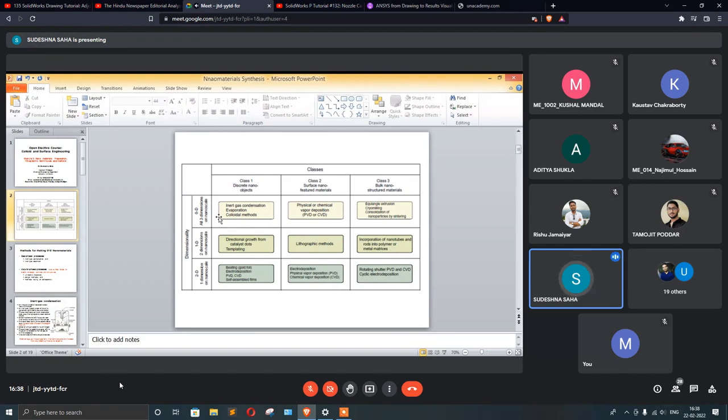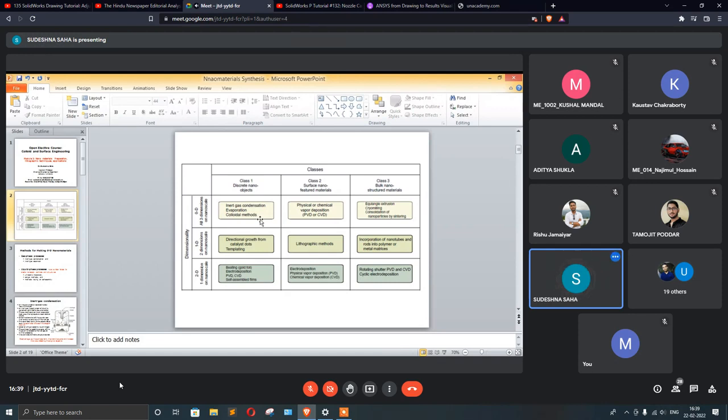Now we are talking about nanomaterials, and there might be confusion about why we are doing that. If you look at this structure, it says that colloidal methods are basically used here to make 0D class 1 nanomaterials. That is the basic idea of putting nanomaterials into this course.